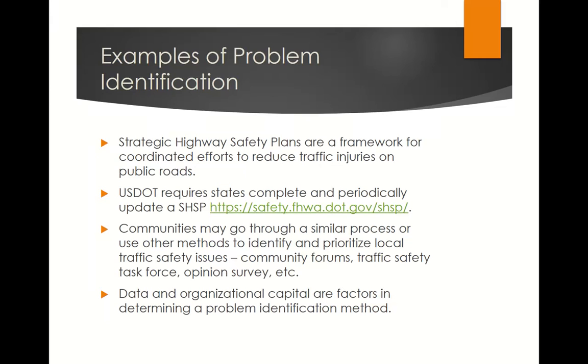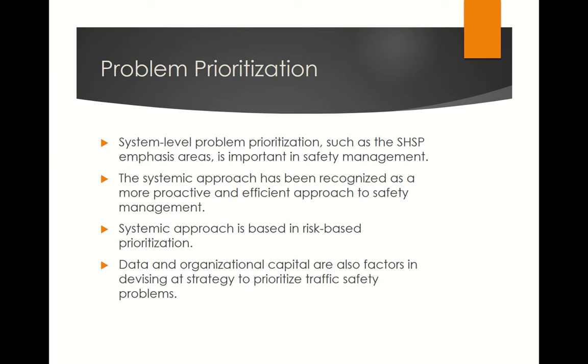And then data and organizational capital factors should certainly be considered in determining the problem identification method. What do you have to work with when you're looking at the issue? While the state may have $100,000, a community may only have $3,000, or it may be all volunteer. So again, understanding and determining that ahead of laying out your plan for the problem.